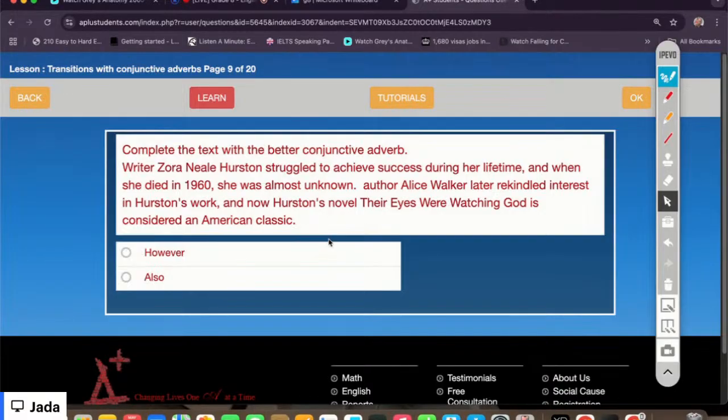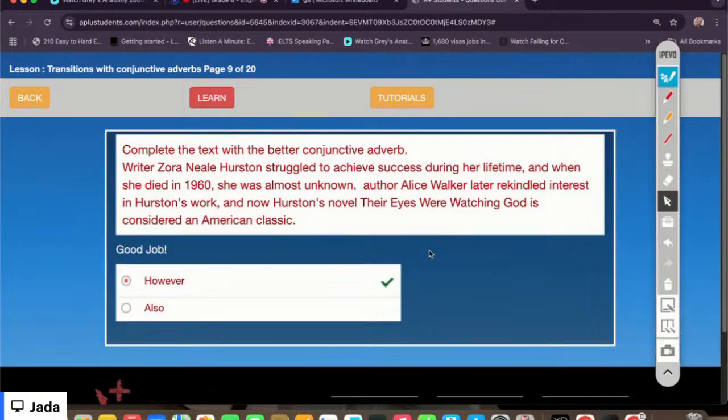All right, so we have however, Alice Walker rekindled in.